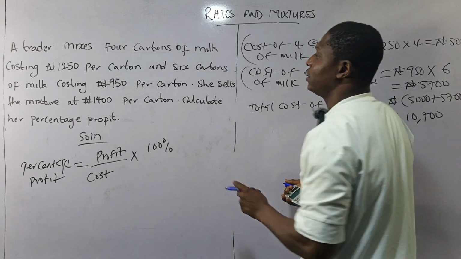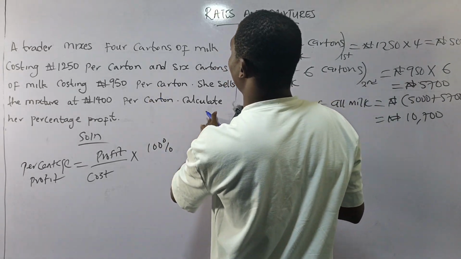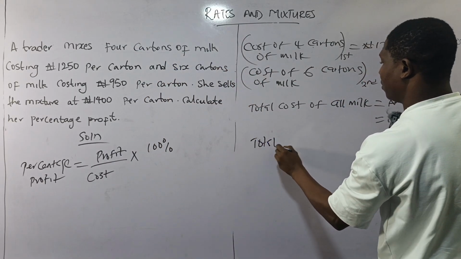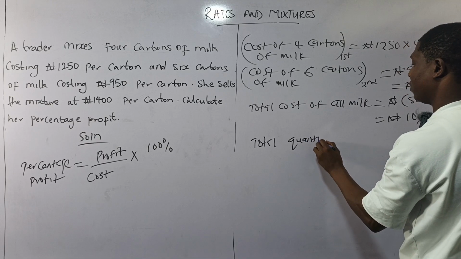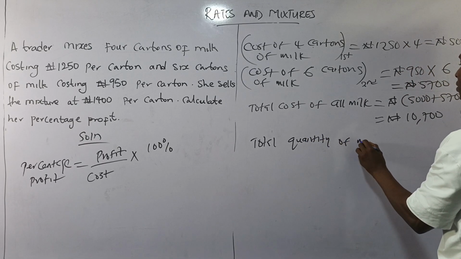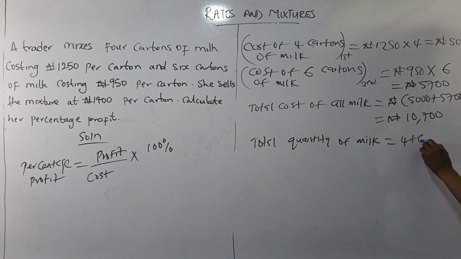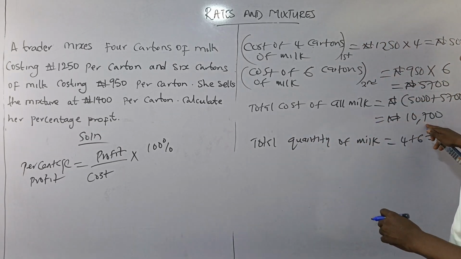And you remember that the total quantity of milk is 4 plus 6, which is equal to 10. Now, we've gotten the total cost of all milk.